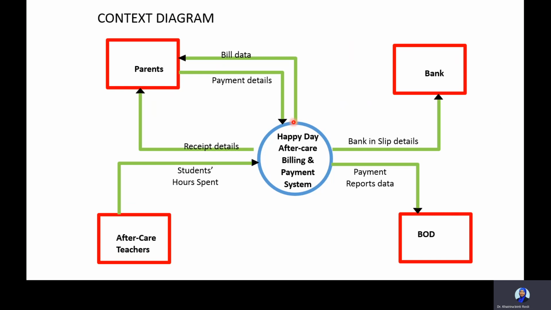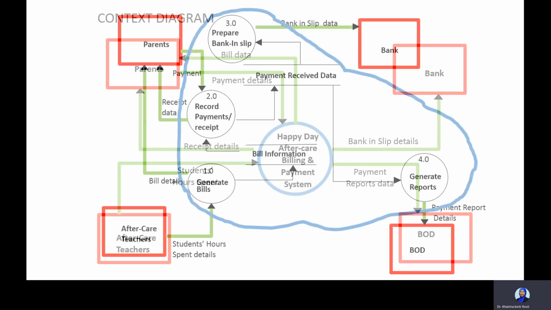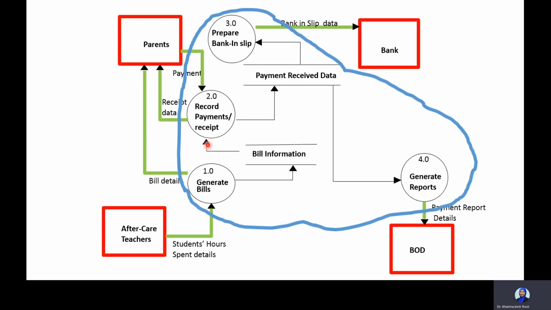It's actually the same thing, but the context diagram shows you the overall context of the system, not a detailed one, whereas DFD level 0 is more detailed, to show what processes are involved. So this level 0 means processes 2.0, 3.0, 4.0.